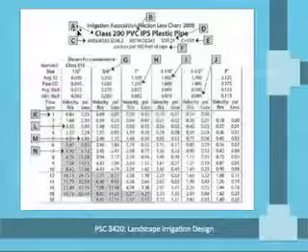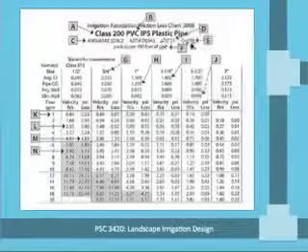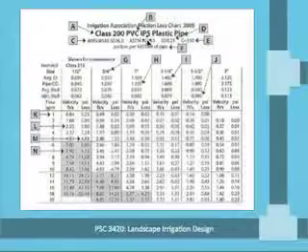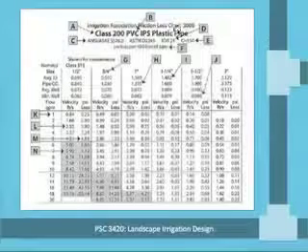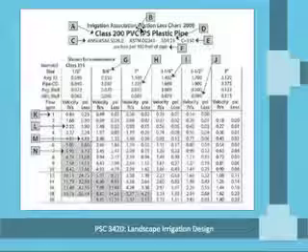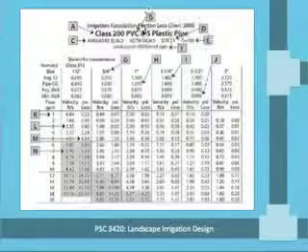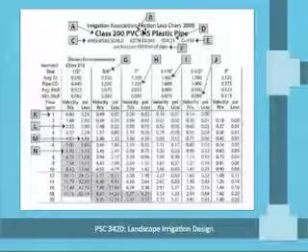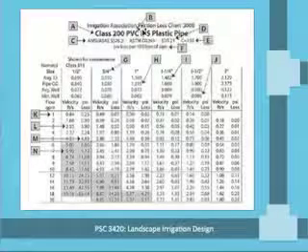A is going to indicate the type of pipe. It's typically noted at the top of the chart, and in this case we've got a Class 200 PVC IPS plastic pipe. B indicates iron pipe size, IPS, meaning that the pipe's outside diameter dimension corresponds to that outside diameter of iron pipe.